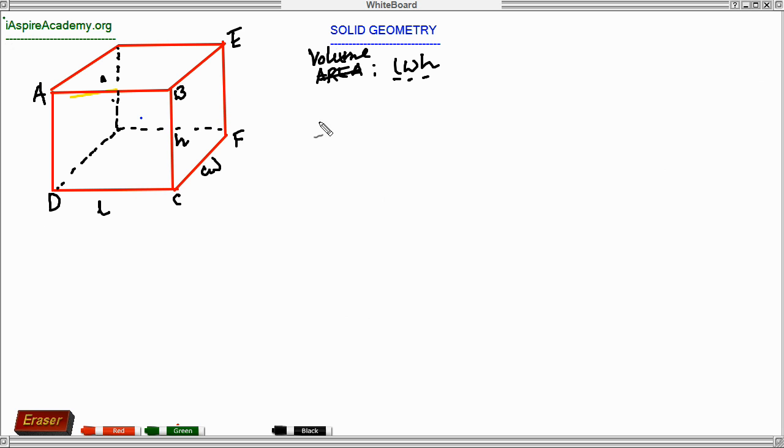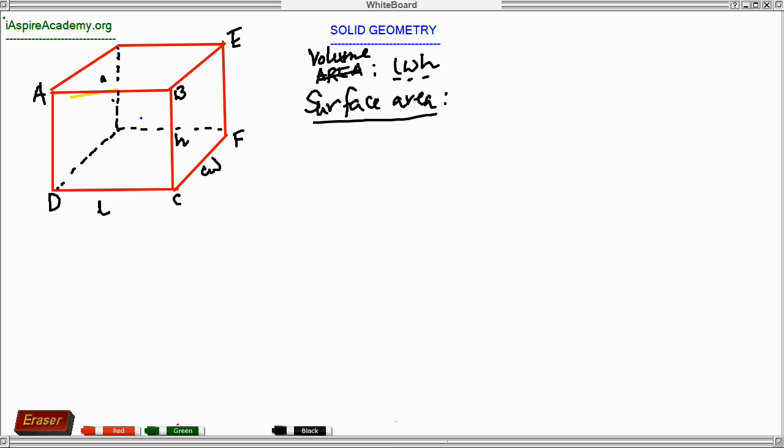Now the surface area. The surface area of a rectangular solid is the addition of all the surfaces. Now how many surfaces do we have?